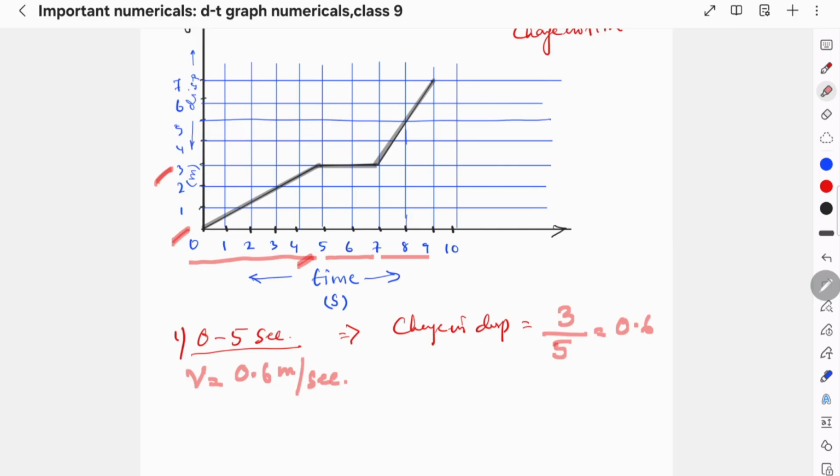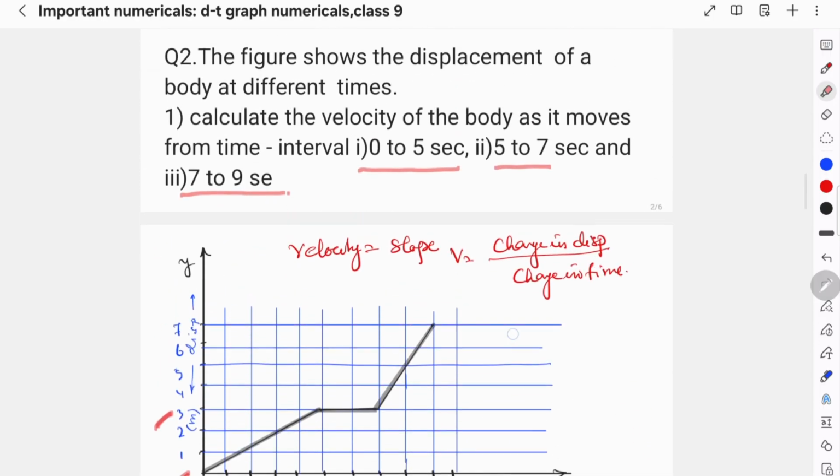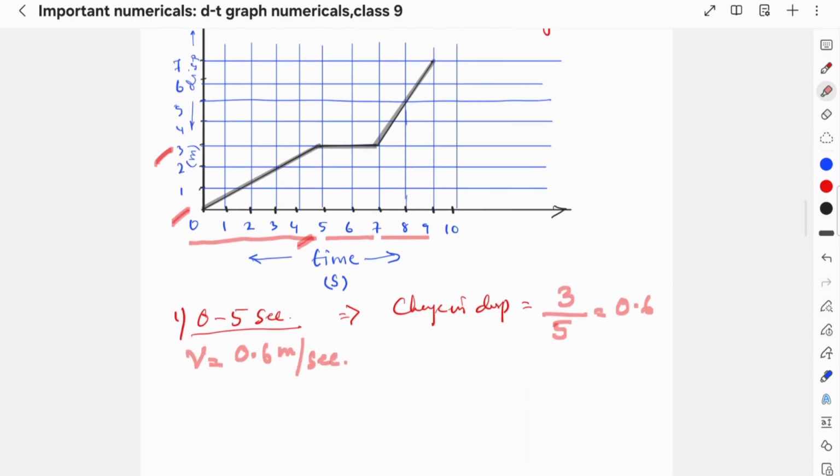Okay, now let's see the second part. For the second part they are saying 5 to 7 seconds. Now see, 5 to 7 seconds is this part. Here the graph is a straight line. Change in displacement is at the same level, so 0.